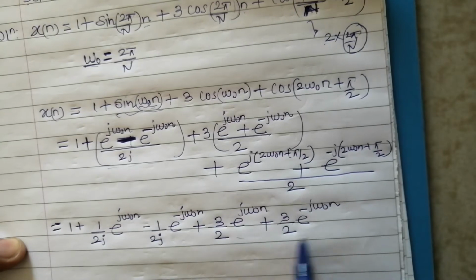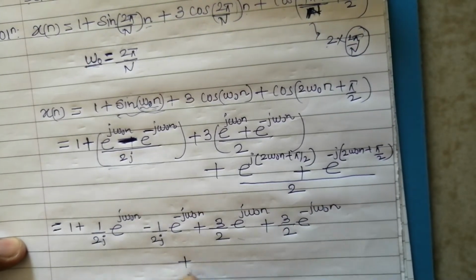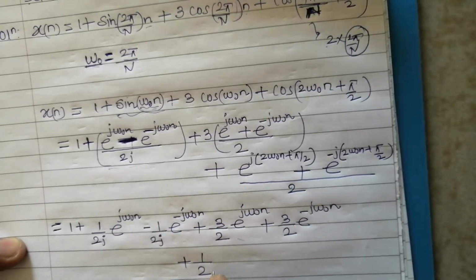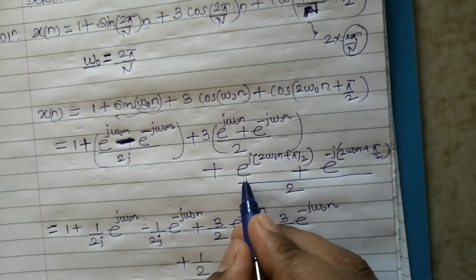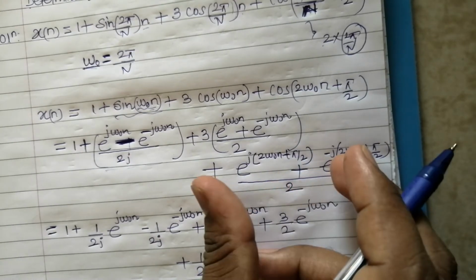So up to this we have opened the bracket. Now the last term is there, so that is plus 1 by 2 and then e raised to power j into this, so there is a plus sign, so we will split this one.